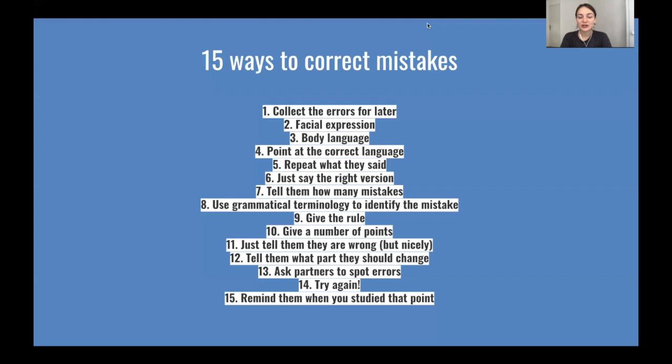Okay, so then you can just say to your student that, no, you're wrong, this is a mistake here, but of course in a nice way. And ask your student to repeat. Always ask your student to repeat what he says. So if your student makes a mistake, you say, no, try again. And your student tries again.